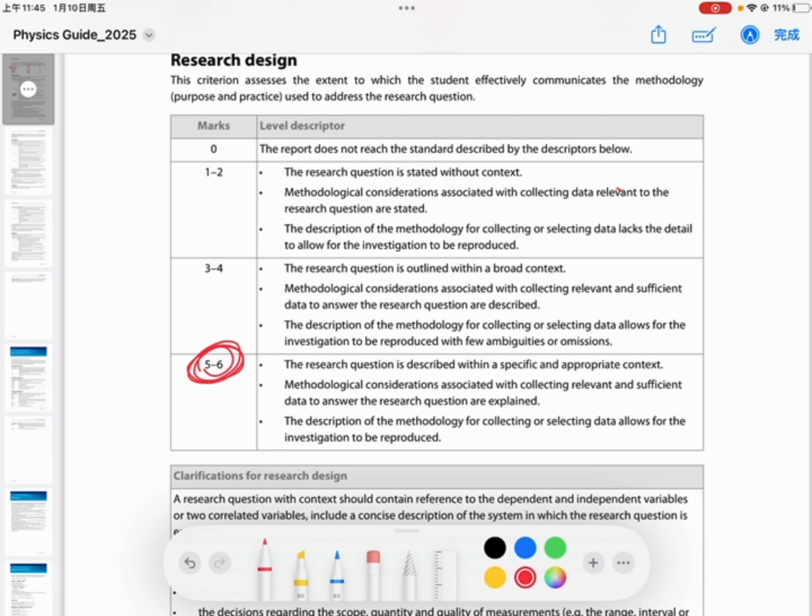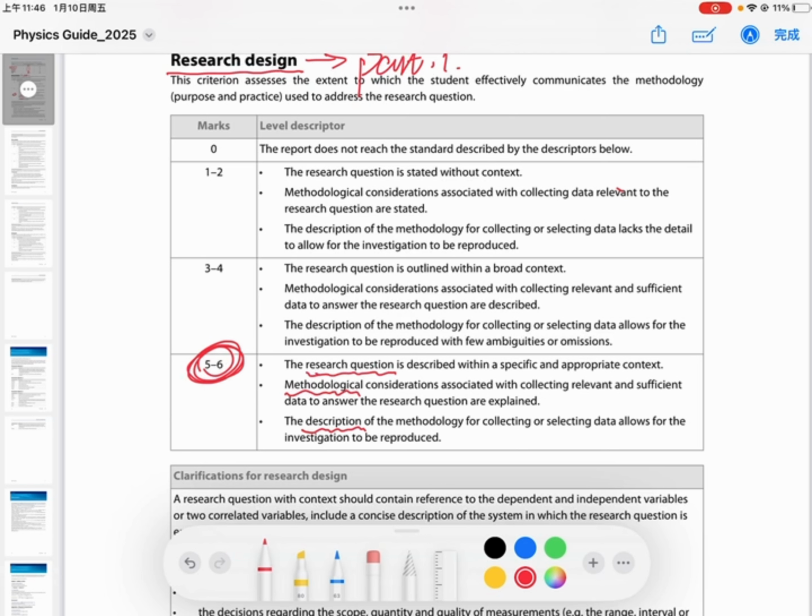So let's take a quick look at the research design, which is part 1 we are going to introduce today. In this part, you will be evaluated on your research question, methodologies and descriptions. So basically, we will focus on these 3 parts at the very beginning of your report when you write your introduction, background, and methodologies.